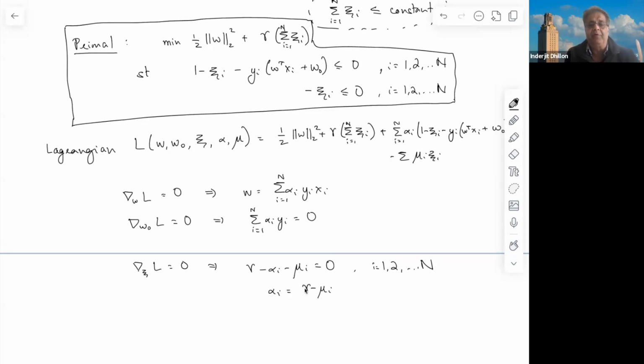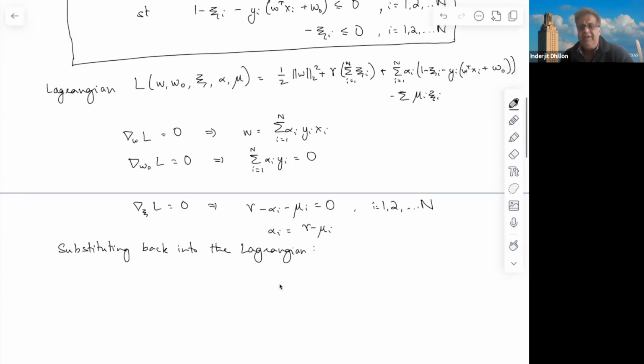This wasn't there before. Now if I substitute this back into the Lagrangian, what I get is, again, identical to what we had done before: half of the norm of w squared. So let me write that out.